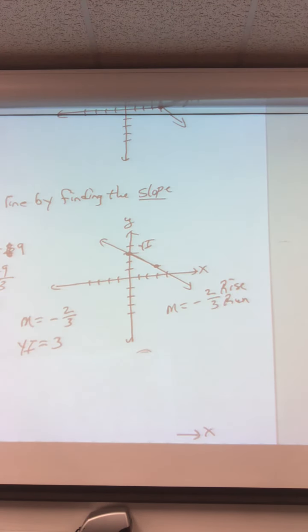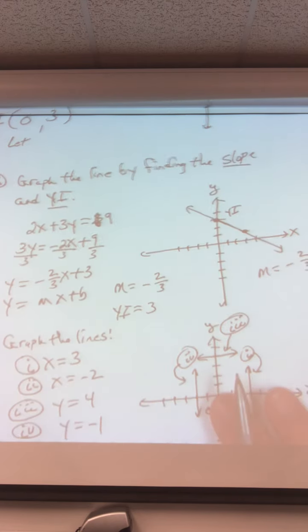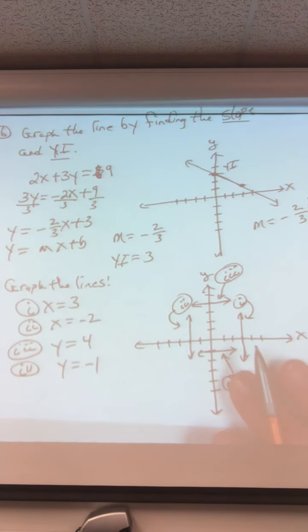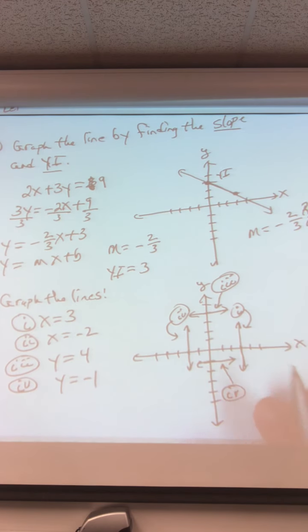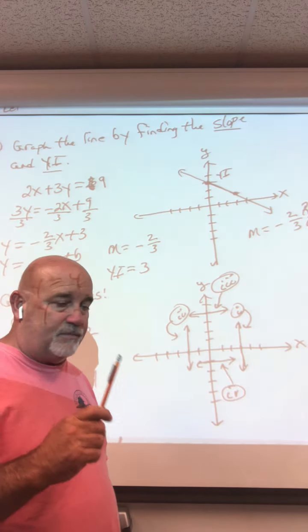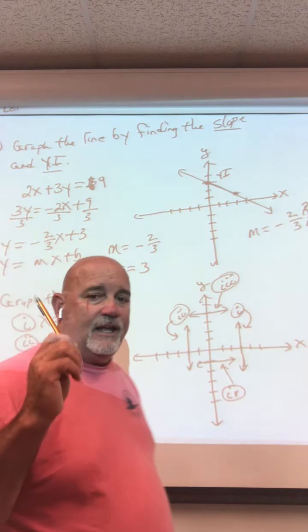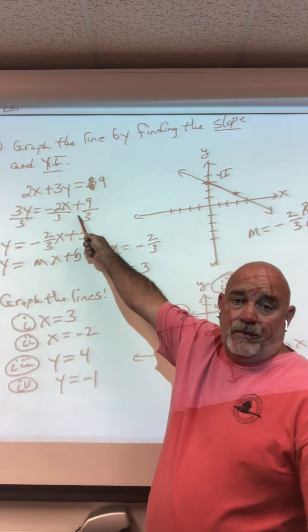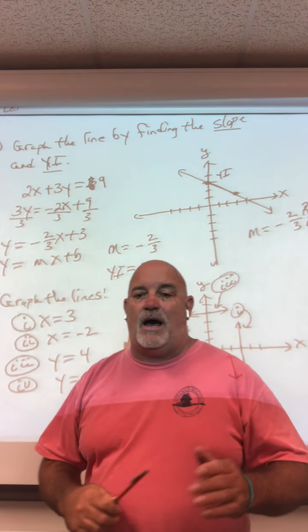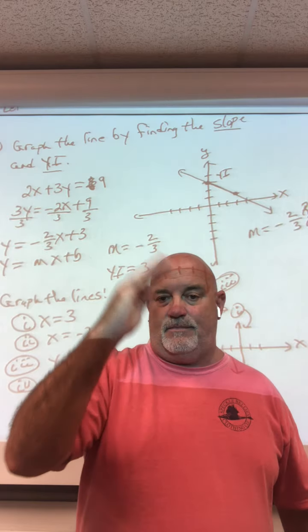Okay, and this next one, we're graphing, and this is real easy, but you have to remember something here. Remember, if an equation like this one up here has x's and y's in it, the line is slanted.